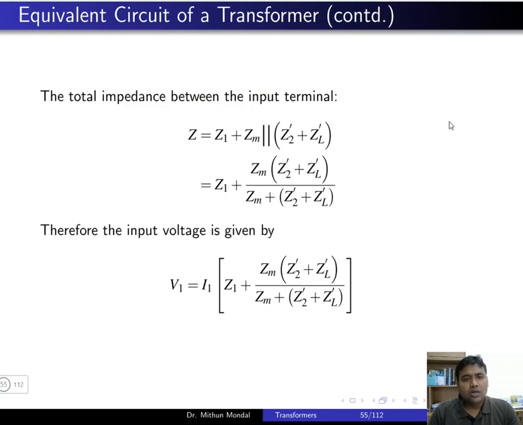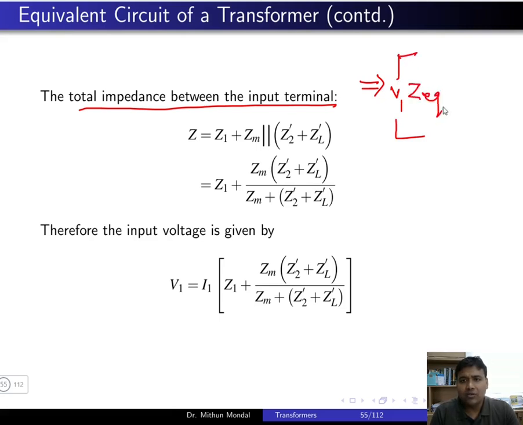So let us find the total impedance between the input terminal. What is the total impedance between the input terminal? If we see from the input side, that is the V1 side of the terminal, what impedance do we get to find the Z equivalent? So Z equivalent will be equal to Z1, that is the impedance of the primary side of the transformer.